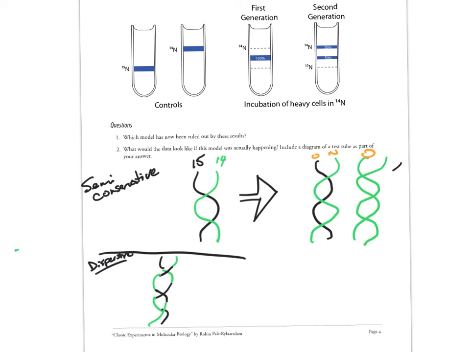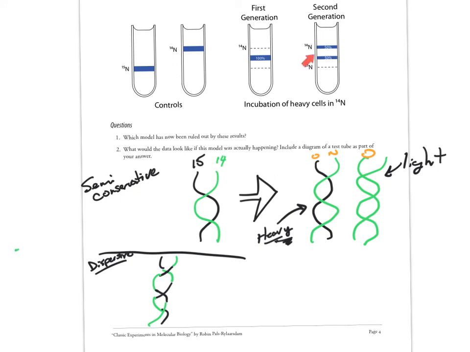You'd expect there would be a light band, a band that was high up after you centrifuged, and you'd expect a heavy band, and that would be a band that would be a little bit further low, not as low as 15. Not as low as if you had both of these being made of nitrogen 15, but not as high as both of them made of nitrogen 14. You'd have one very high up and one in the middle.